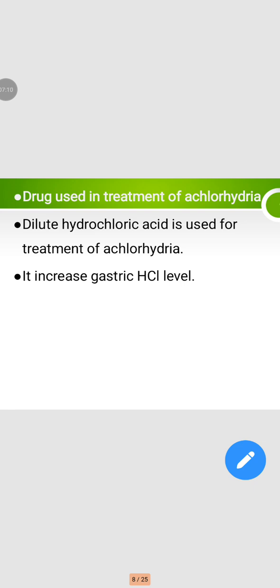The most important drug is dilute hydrochloric acid. The formula of dilute hydrochloric acid is HCl. It is used for the treatment of achlorhydria, and it increases the gastric hydrochloric acid level in the stomach.